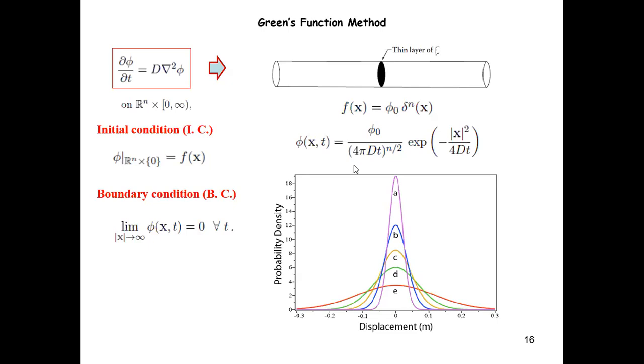The only thing I'm asking you is to be able to appreciate this particular solution, understand where it comes from, and associate it with the physical understanding of what's going on: what the penetration distance is and how this is consistent with our normal understanding of diffusion distance. That's the only thing I want from you for this.